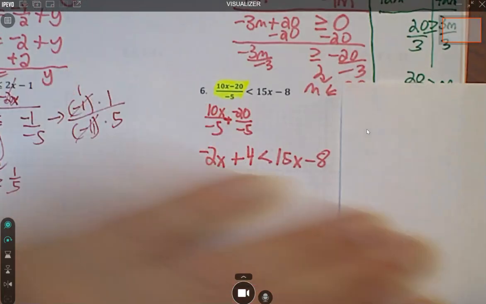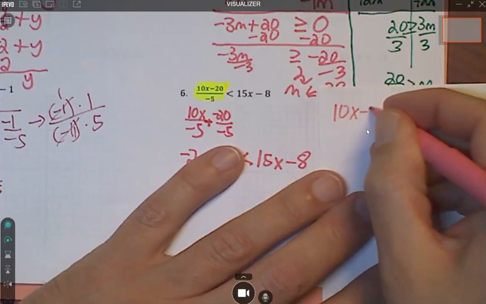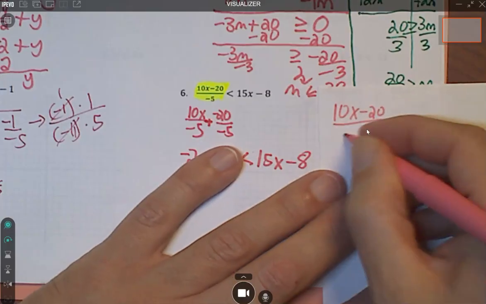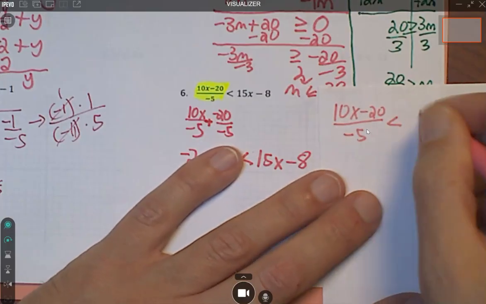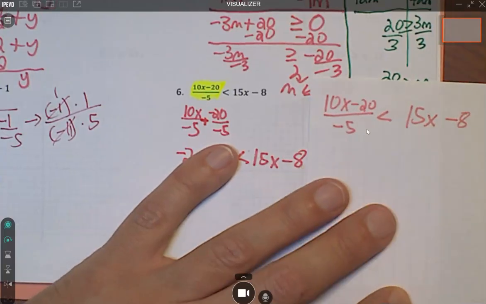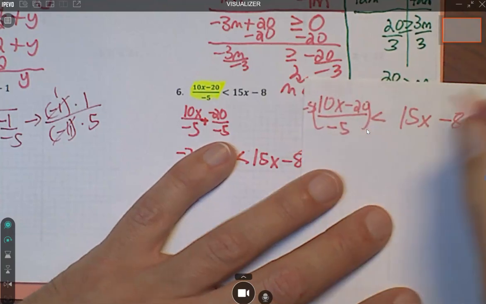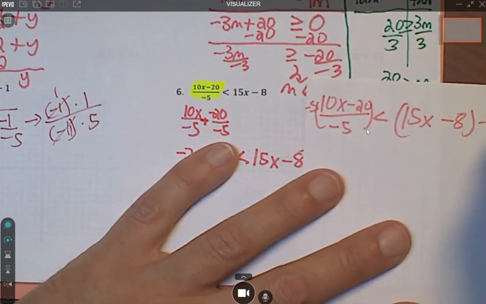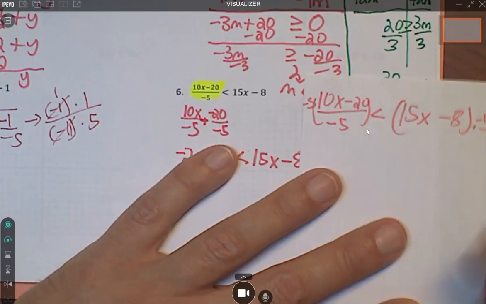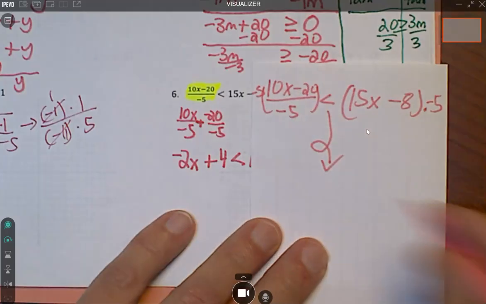Okay, let's say you solved it a different way and you got partial credit. So people were like, I'm going to multiply by -5. The only thing you forgot about that situation is when you multiply or divide by a negative, you got to flip it.